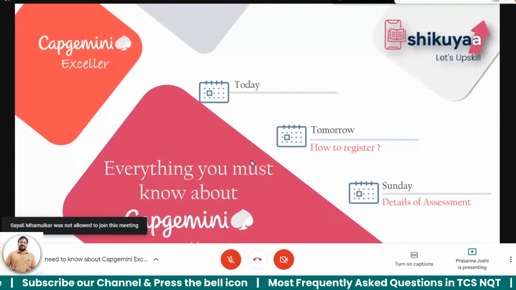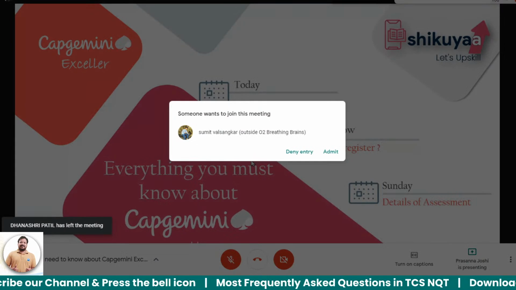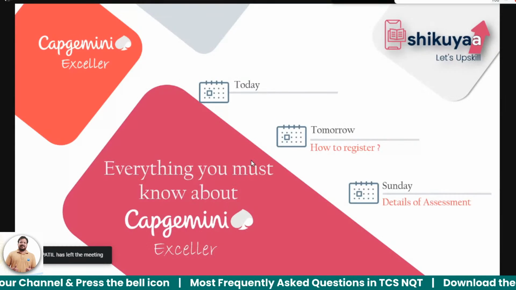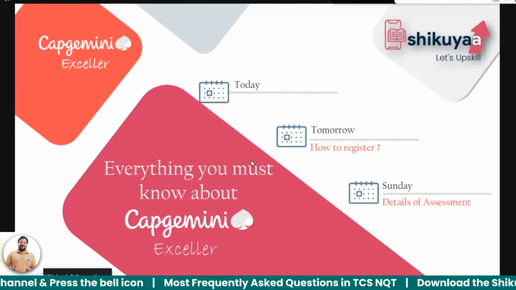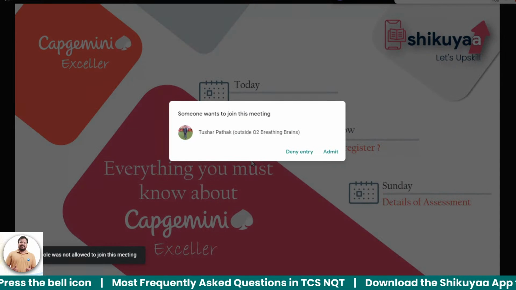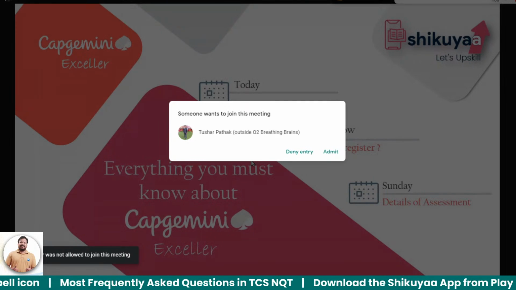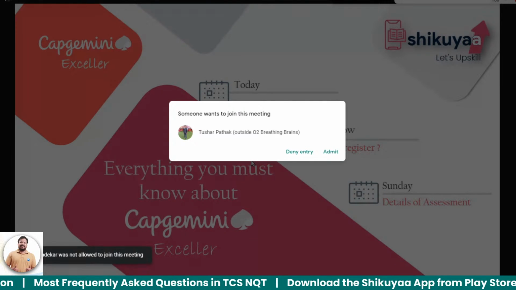That platform may help you to get placed in a company apart from Capgemini as well. And on Sunday, I'm going to talk about the details of the assessment, the examination pattern or test pattern in detail.